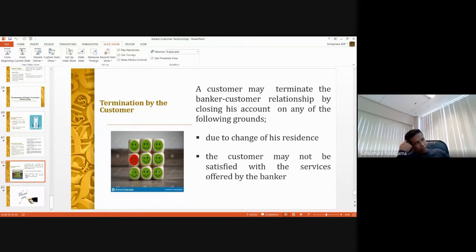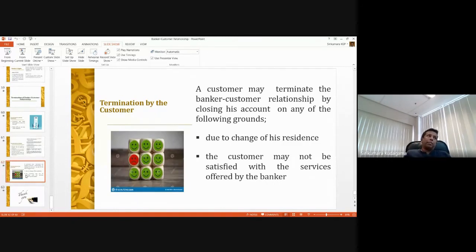But generally, bankers were expected to wait and give notice sufficient for the customers to find a suitable banker. That was the period when banking was supposed to be a luxury, not that everyone can open an account in the bank, and it was given to some privileged people. So in those days, the banker was supposed to wait till the customer finds a suitable banker.